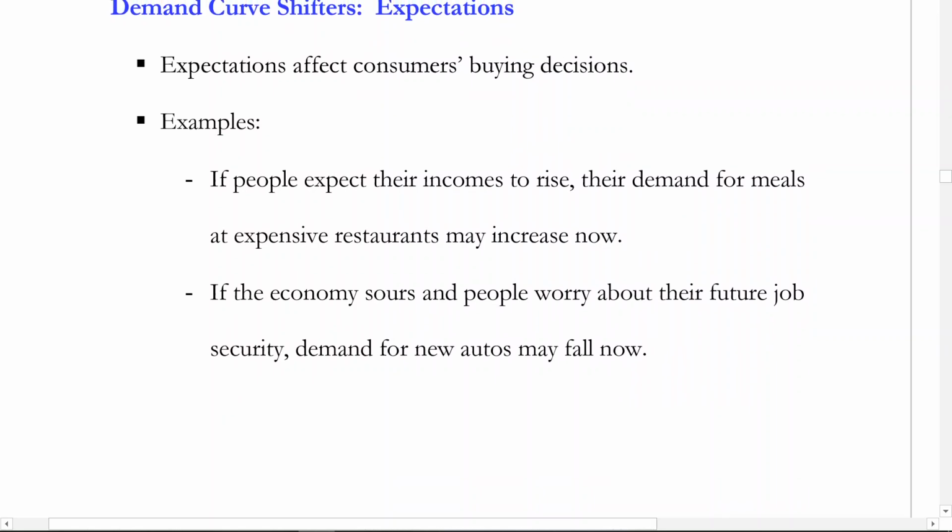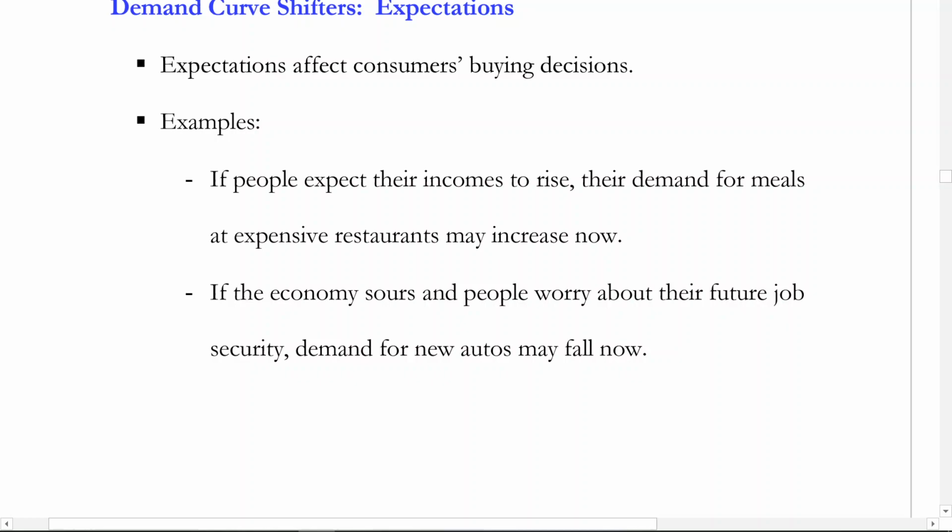Last one is expectations. Also, not going to draw a graph here, but the same mechanics apply. If people are expecting something to happen in the future, that can affect their demand for things now. For example, if the economy is booming and people are expecting their incomes to rise, their demand for restaurant meals and maybe new cars will increase now, expecting that future return.